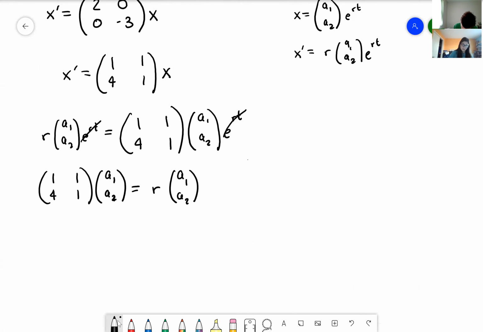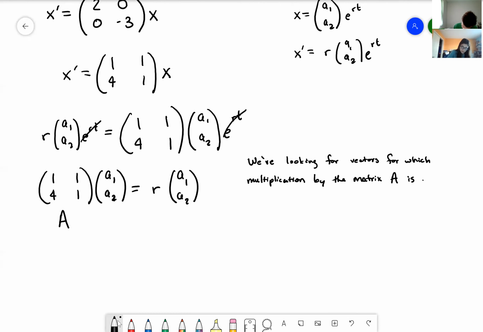So what we're looking for is vectors for which multiplication by the matrix, I'll call this matrix A, capital A, is equivalent to simply scaling the vector.